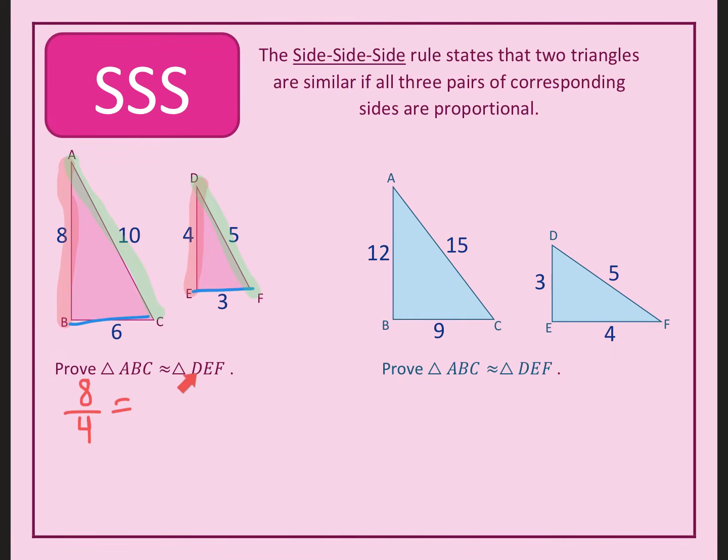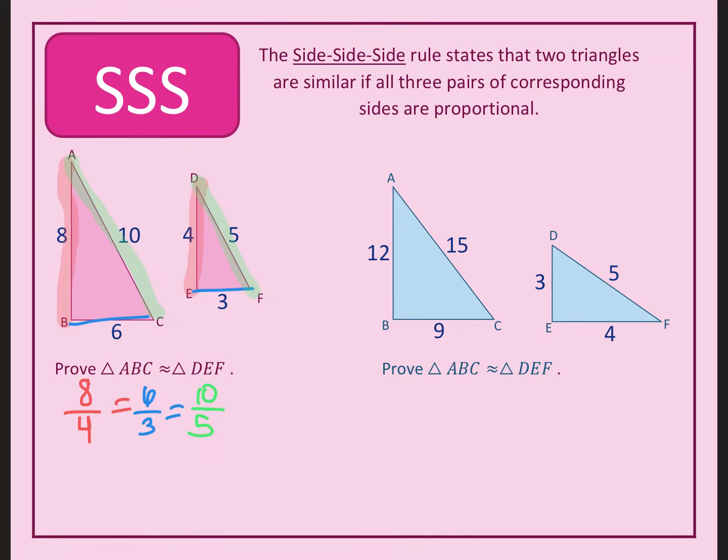Triangle ABC, triangle DEF. So I do each segment. I did AB and DE. Now I'm going to do BC with EF. So I'm going to put 6 over 3. And the last one I'm going to check is AC over DF. So AC over DF.